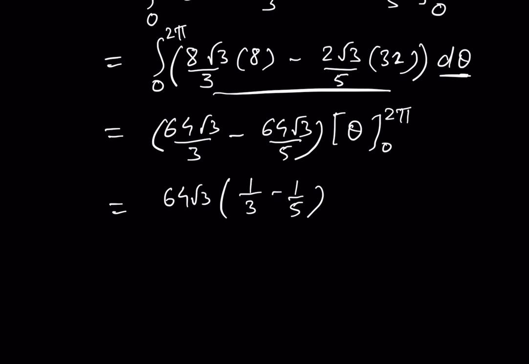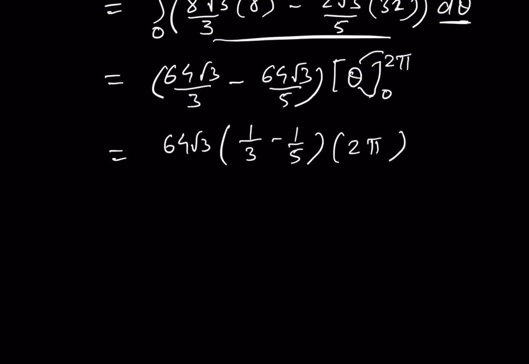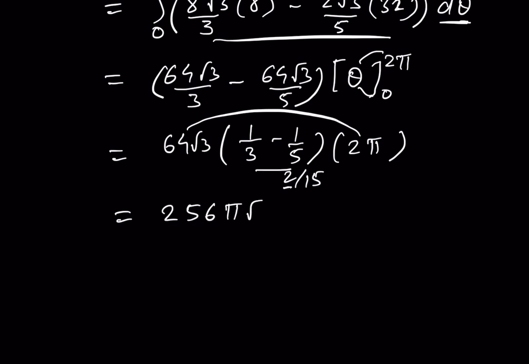Substituting the upper and lower limits in theta, that is 2π − 0, so that is 2π. Simplifying, 1/3 − 1/5 will be 2/15. So the final answer will be 64 into this and this also, so that is 256π root 3 upon 15.